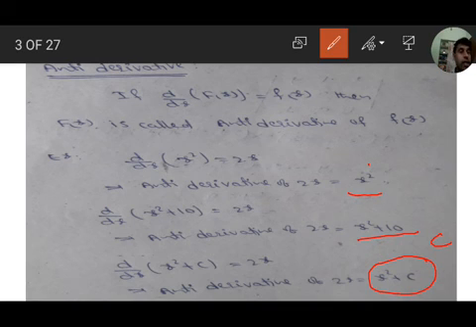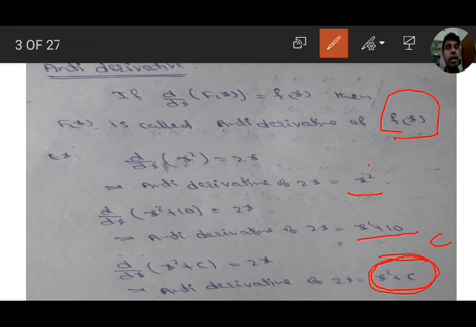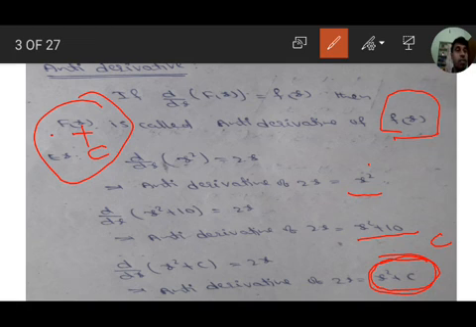Similarly, the antiderivatives of small f of x can be written as capital F of x plus c, the set of all antiderivatives of small f of x.